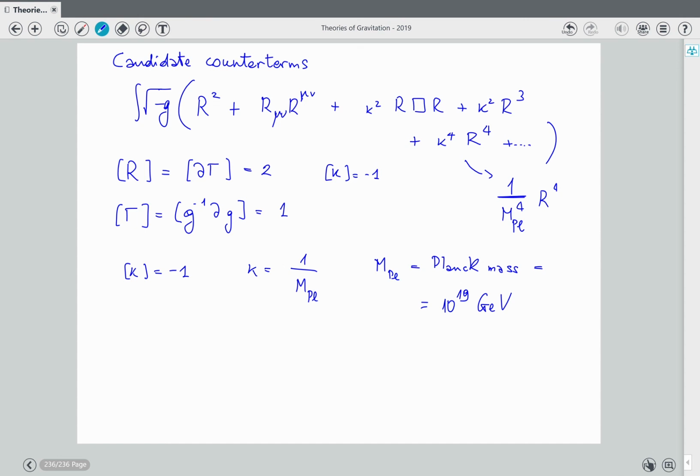Maybe we have time to conclude today with a way to organize those counterterms, proving a little theorem. Let's consider a diagram, an arbitrary diagram.